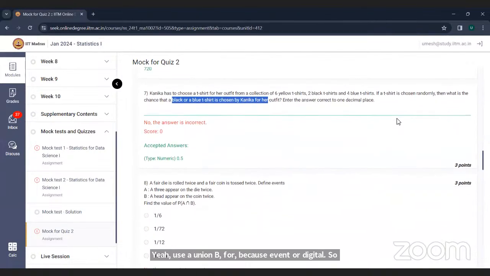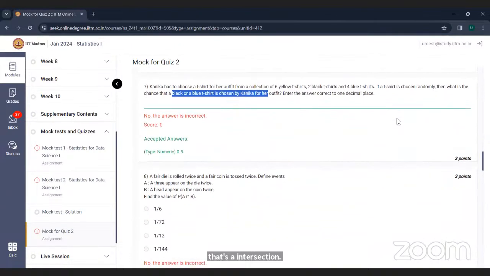Now this: a fair die is rolled twice and a fair coin is tossed twice. Different events: A is a 3 appears on the die twice, and B is a head appears on the coin twice.